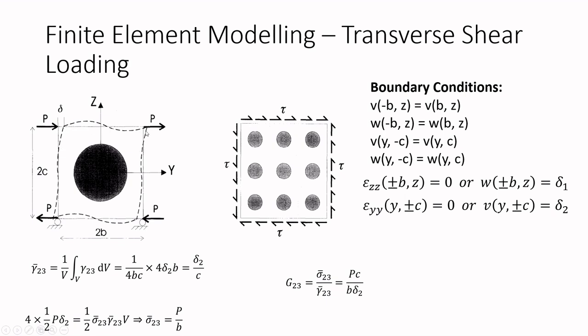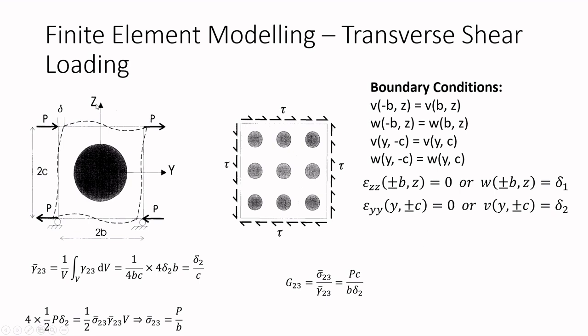Similarly, on the Z faces, V and W are the same as on Z equal to minus C. Also we know that epsilon ZZ, which is the normal strain on this face and this face, is 0. So whatever the displacement here will be the same at this point. And epsilon YY is also 0, so the displacement at this point will be the same as the displacement at this point.